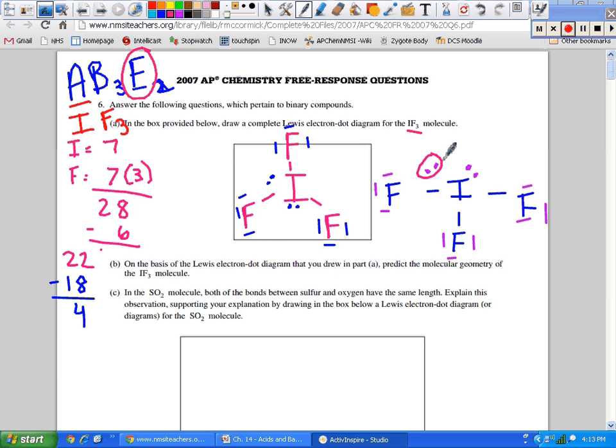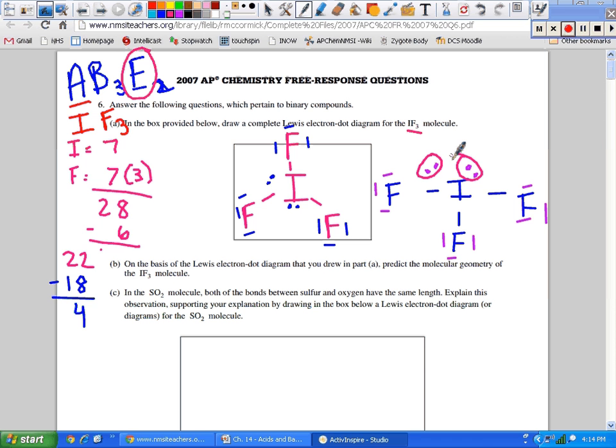It doesn't say it on here, but it's what it is. This literally is T-shaped. It's 1, 2, 3, and then 2 sets of electrons.